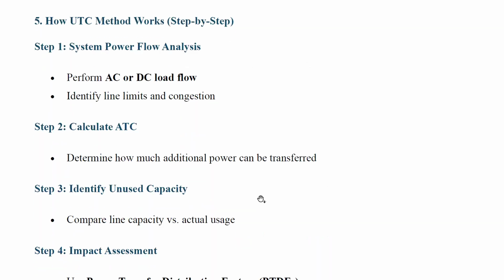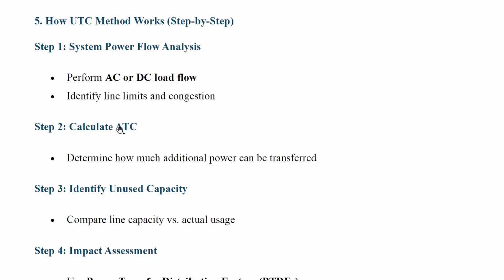Now, step by step, how UTC works. Step one, first we need to do the system power flow analysis. Perform either AC or DC load flow analysis. Next, identify line limits as well as the congestion. Line limits, how much transmission capacity a transmission line can handle, and also congestion limits.